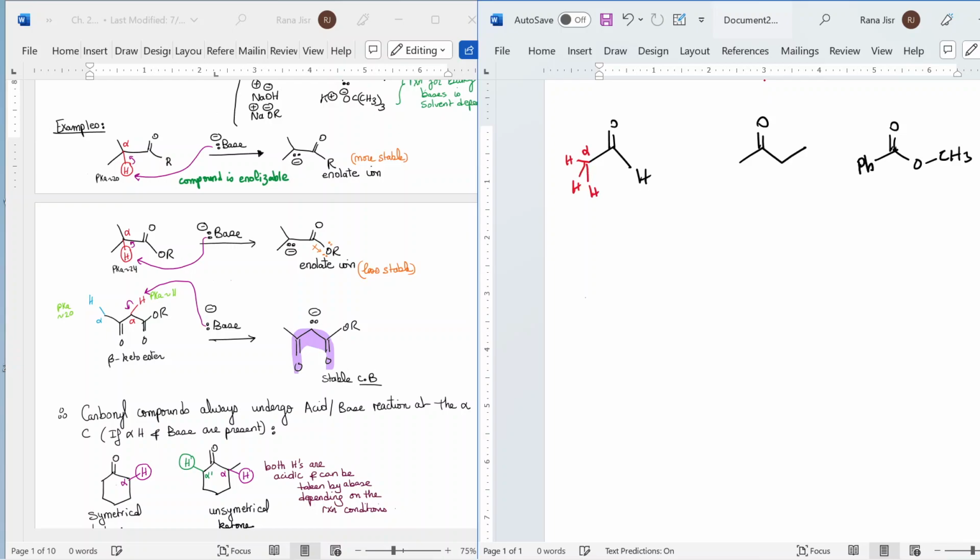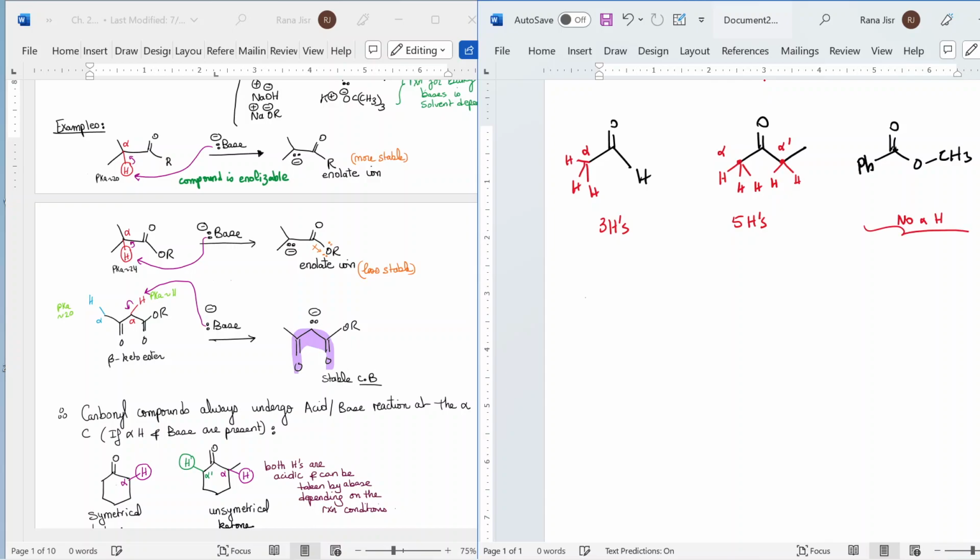So this is going to be my alpha carbon. Here I do have two types of alpha carbons, I have an alpha and I have an alpha prime. Each one has their hydrogens. So here I do have a hydrogen, and a hydrogen. And then here I do have two hydrogens. So I have a total here of 5 hydrogens. Here I have a total of 3 hydrogens in there. And here I have no alpha hydrogen.